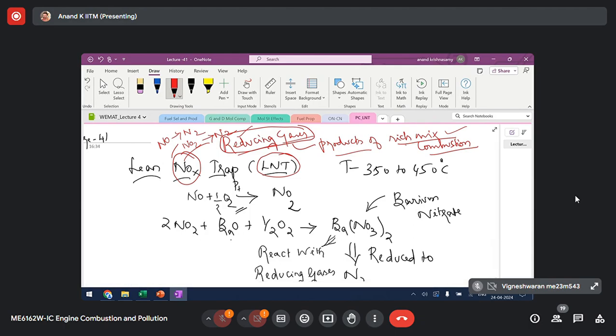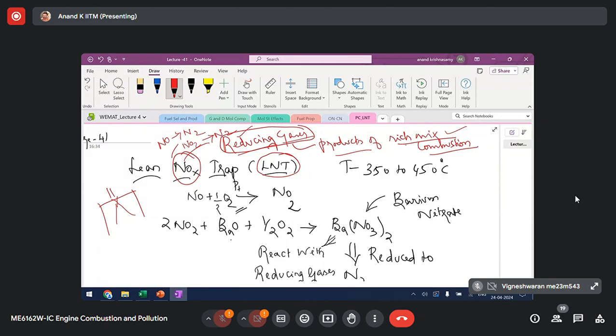So what we do in an LNT system is create these reducing gases, which are products of rich mixture combustion, by having a very late fuel injection during the expansion stroke. During expansion stroke, you just spray the fuel for a few seconds. Not the compression stroke.